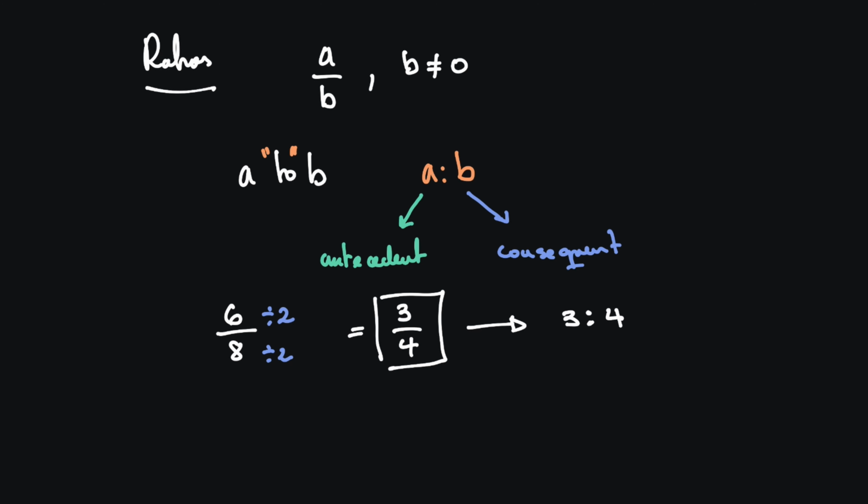Let's try to make more comparisons between numbers. Let's suppose that we want to compare 12 to 20. We can write this as 12 over 20 or 12 to 20, and we can simplify it.